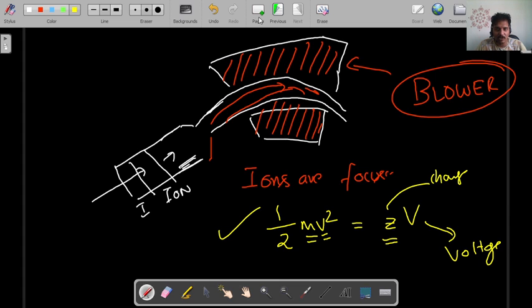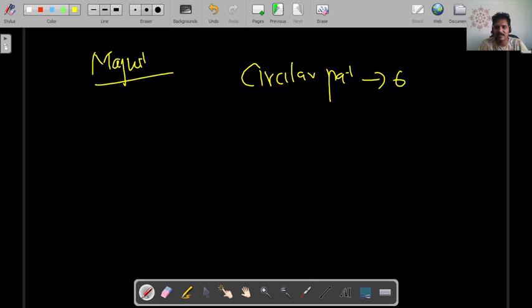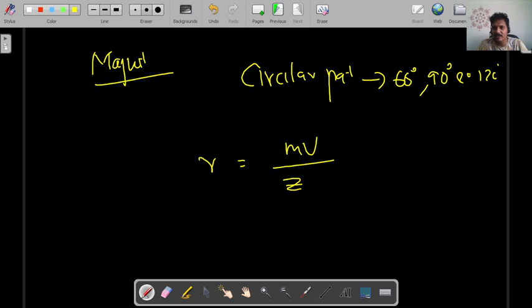Now what happens? As they enter the magnet, it will undergo a circular path, which may be either 60 degree or 90 degree or 120 degree. So the radius of curvature is given as r equals mv by zB, where r is called the radius of curvature.